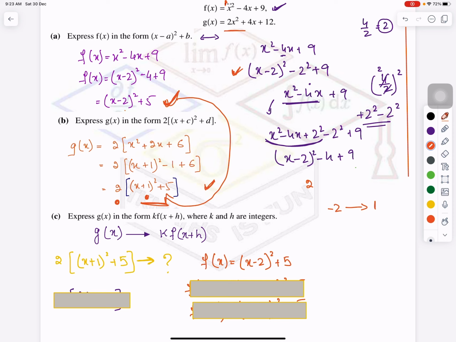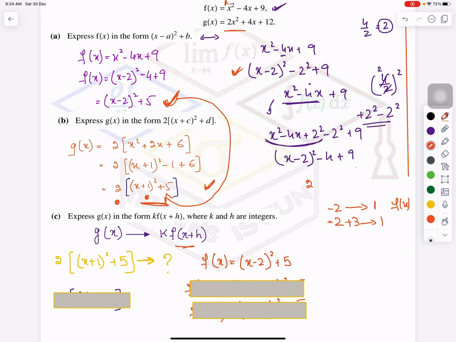This is what I have to do now, because I am changing my function f into g form so that I can express function g in terms of function f. So this is your function f of x. How can you change it? You can simply add 3 here. Yes or no?